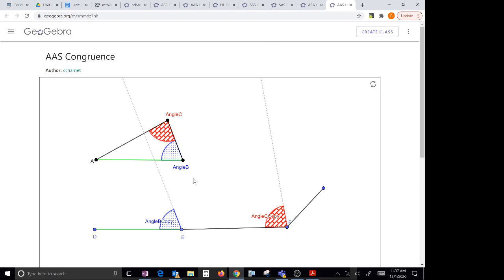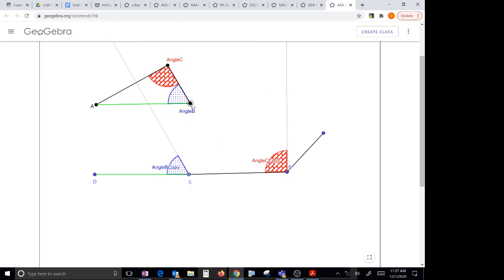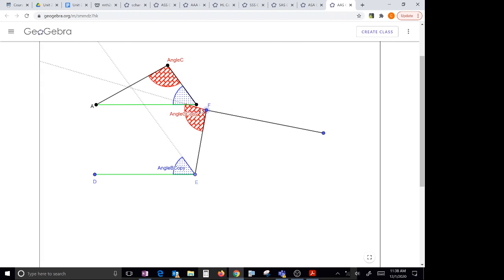So once again, I've copied one side and two angles, where the side is not in between the two angles. So let's go ahead and create one side that lines up.